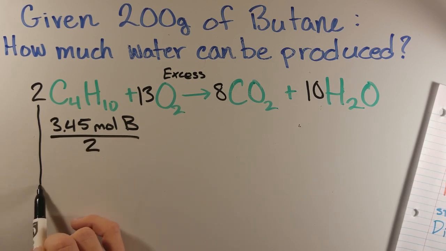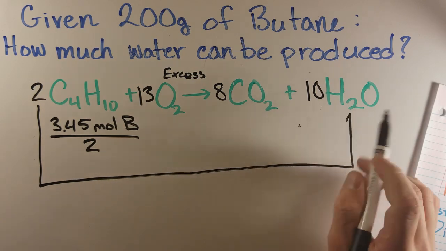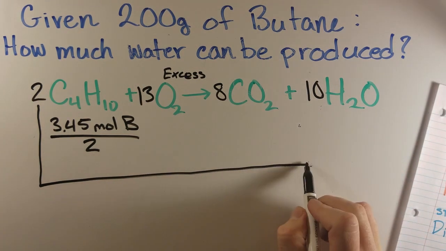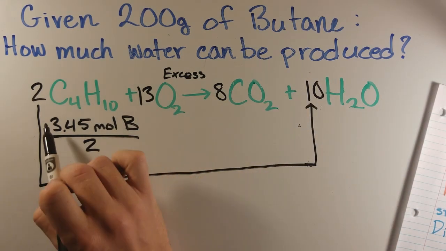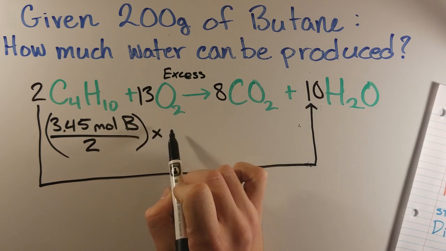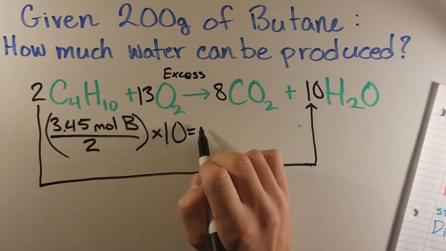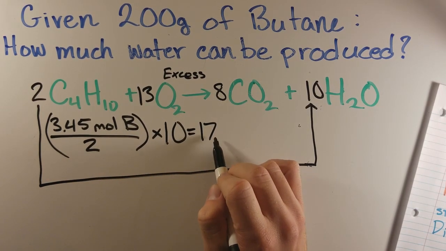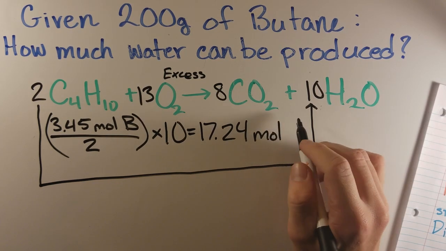And then I draw a line that moves over to the molecule we're interested in, and that indicates a multiply. Okay? If you were to do the math, you would find that you would produce 17.24 moles of water.